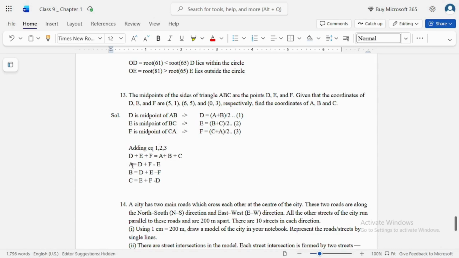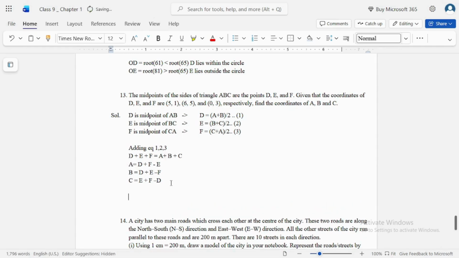Okay, now we have found A, B, C with respect to D, E, F. Now we can find the coordinates of A, B and C. So now what will be A? It will be D plus F minus E. So D plus F minus E means 5 plus 0 minus 6, which will be minus 1, comma 1 plus 3, 4 minus 5, which will be again minus 1.